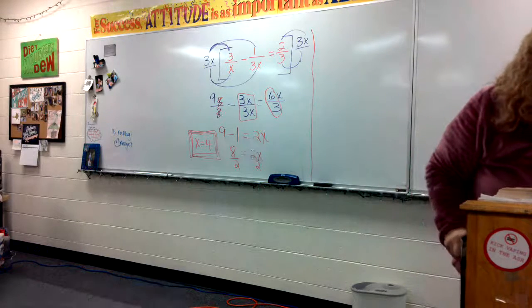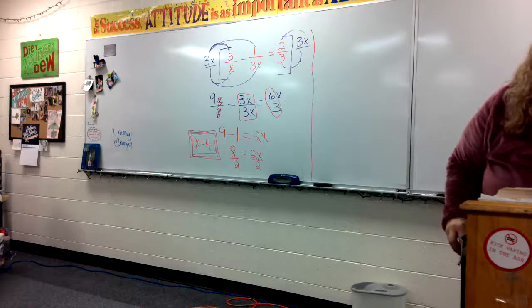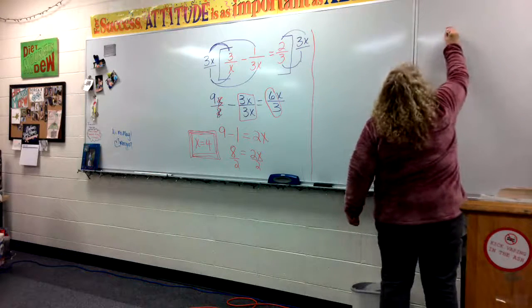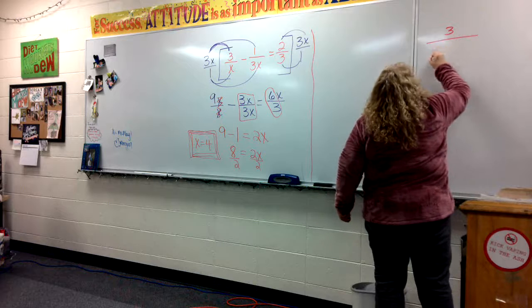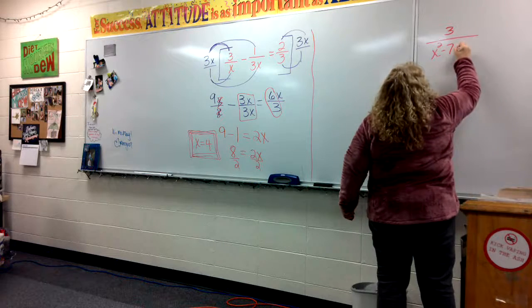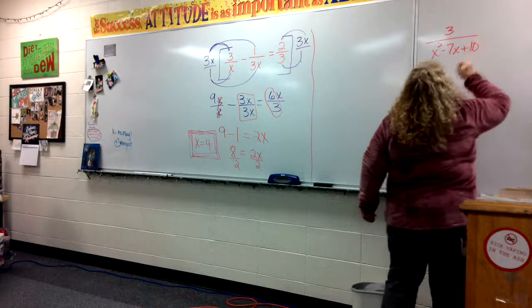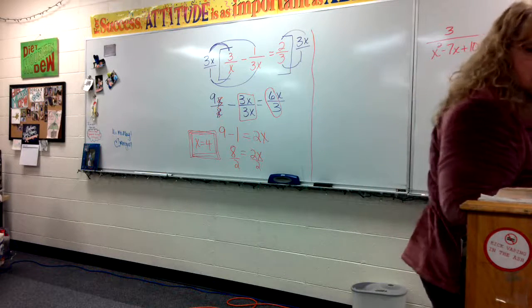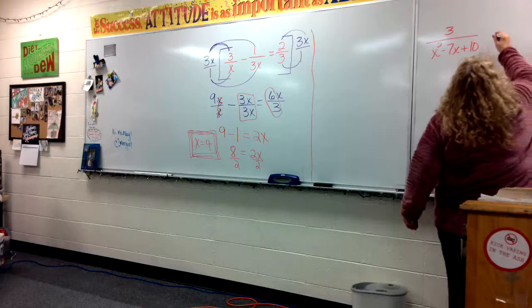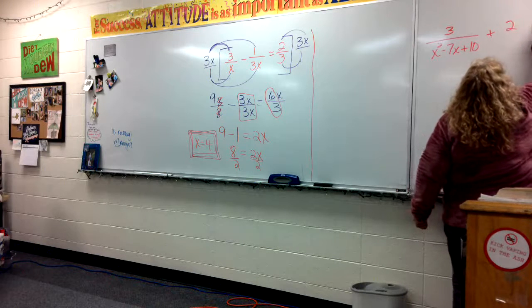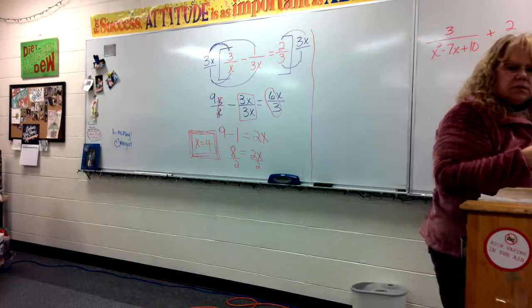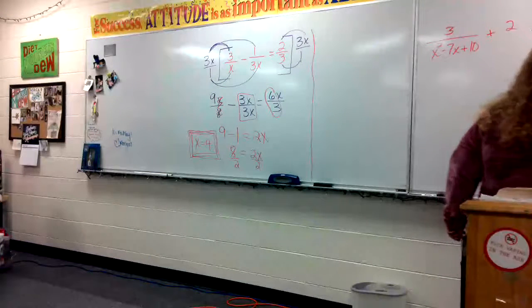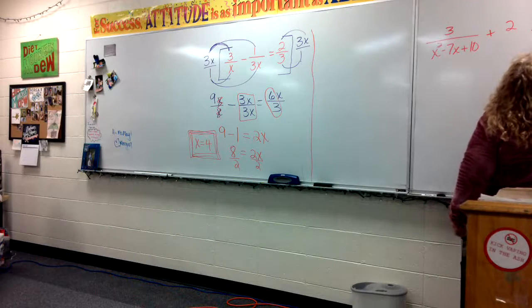Questions so far? 3 over x squared minus 7x plus 10, plus 2, equals x minus 4 over x minus 5.